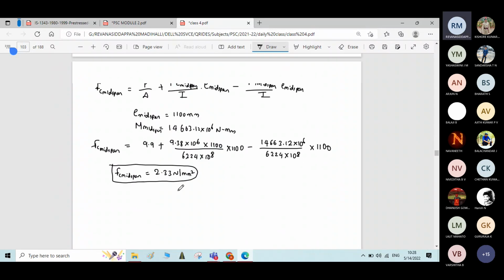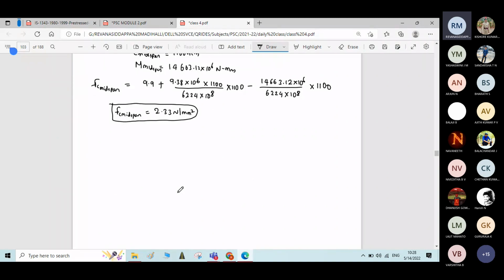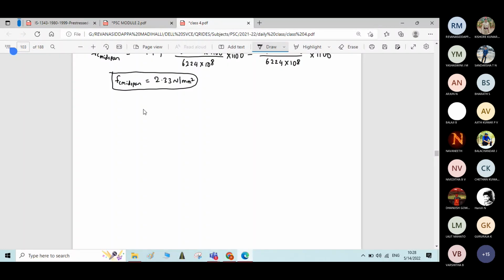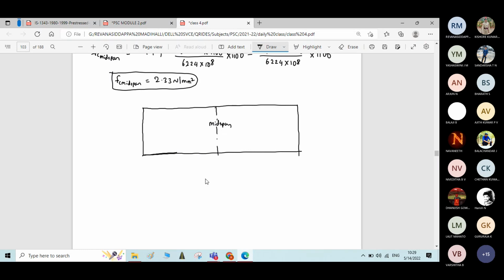Now we can calculate average stress. Let me write the diagram for calculation of the average stress. Assume this is midspan.